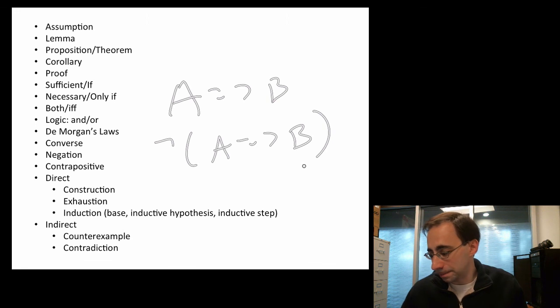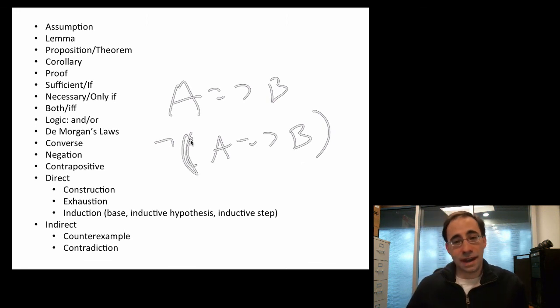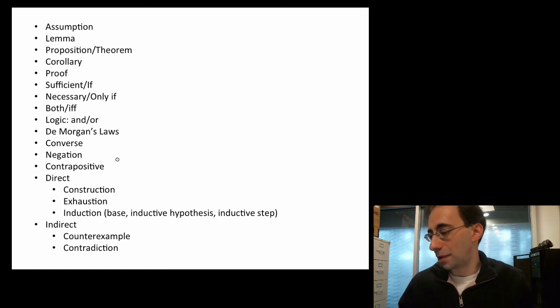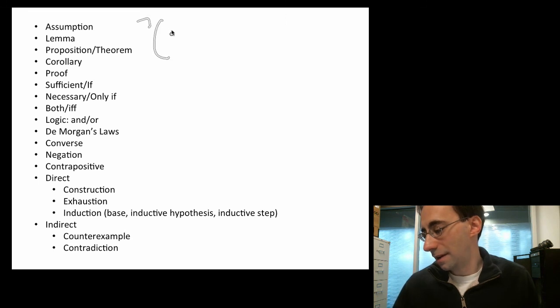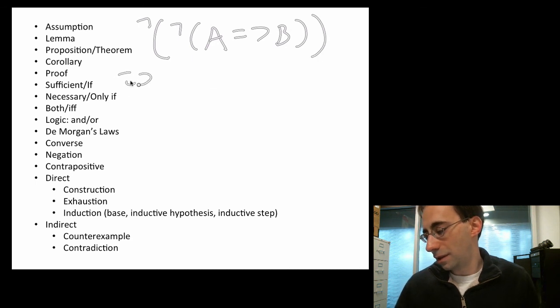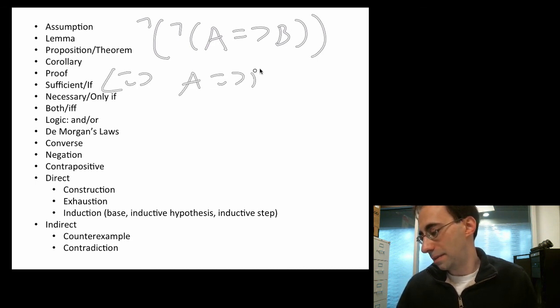So not A implies B means the statement A implies B is false. If this statement is false, then A implies B. So again, to be a little more clear, not A implies B is equivalent to A implies B.